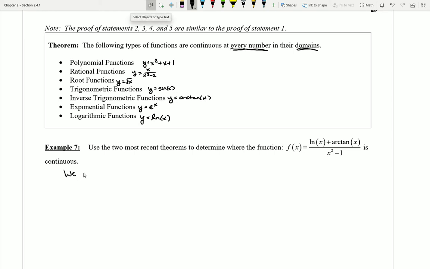So I'll start by saying we see that y equals the natural log of x is defined. Let's see, what numbers can I plug into a natural log and what numbers can I not? Well, if you remember what the graph of a natural log function looks like, this can of course be helpful.